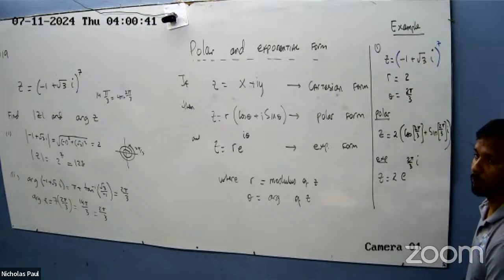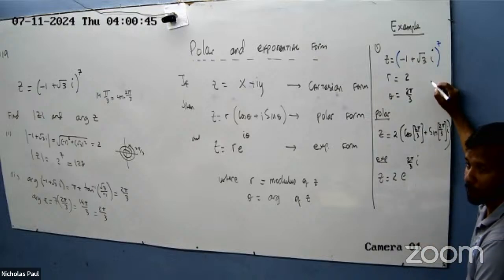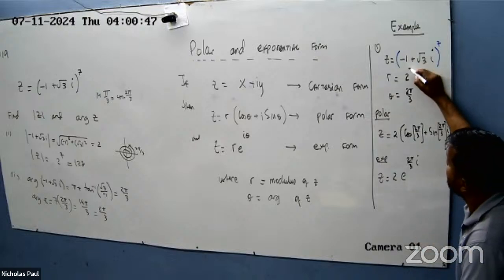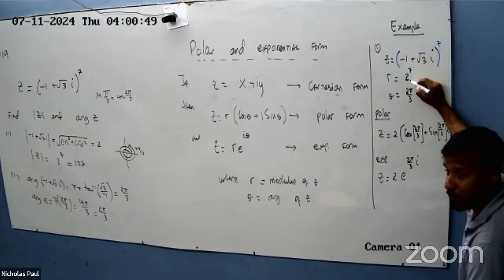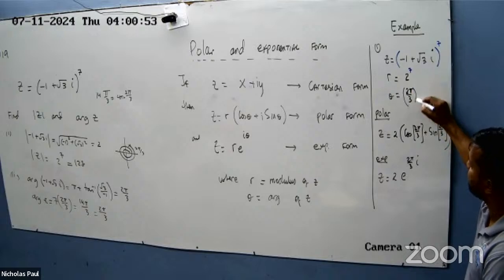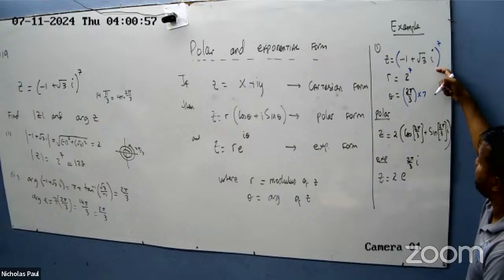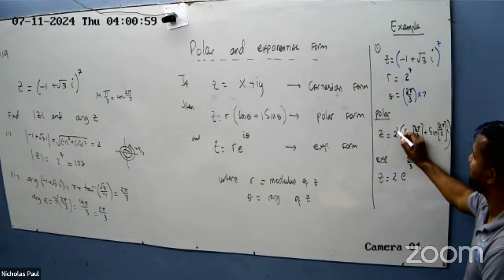What would the answer be? It'll be 2 to the 7, just like what we had there, and this will be this multiplied by 7. So this in polar form is really this.